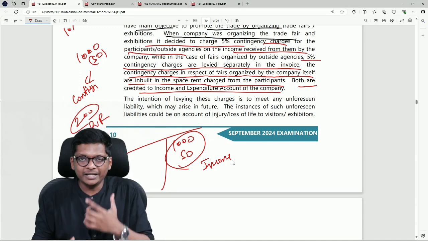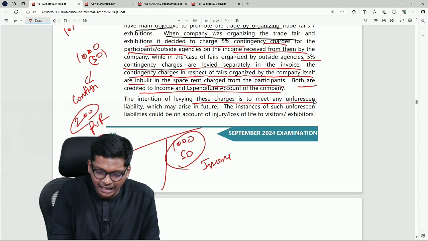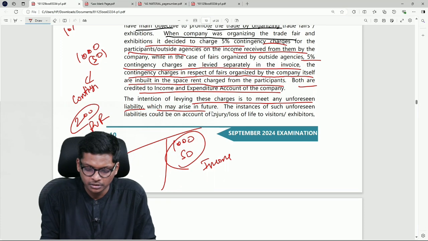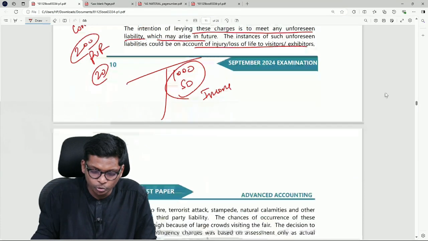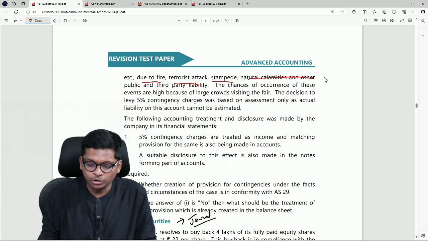The intention of levying these charges is to meet any unforeseen liability which may arise in the future. For example, loss due to visitors, fire, terrorist attack, stampede, natural calamities.